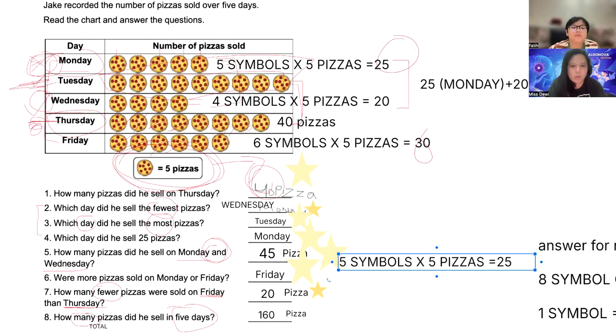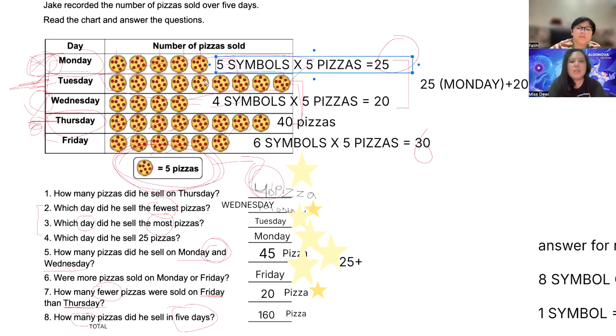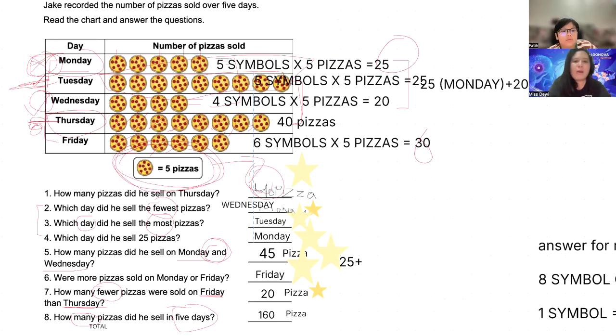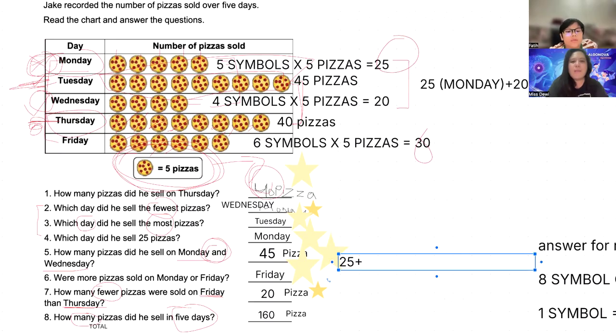Oh, actually, you already know, yeah. Oh, no. We're gonna put the number here. Since 9 symbols equal 45. Yeah, 45 pizzas. Let's continue. 25 plus 45 plus 20 plus 40 plus 30.